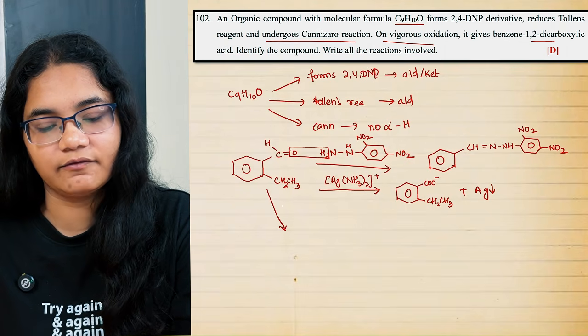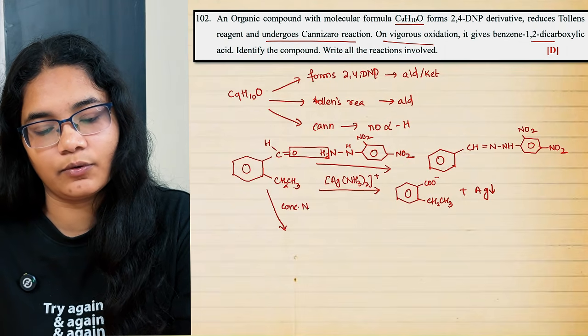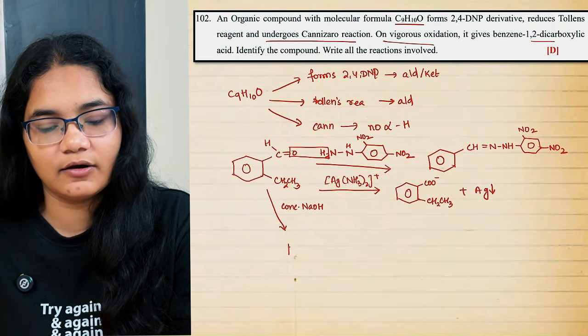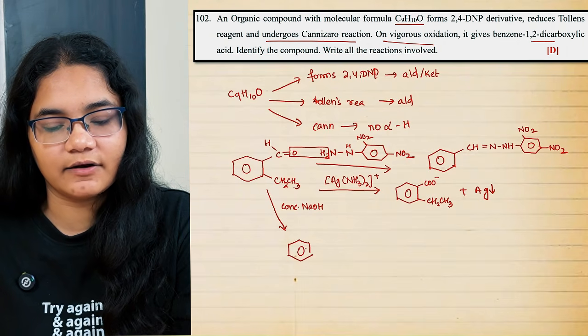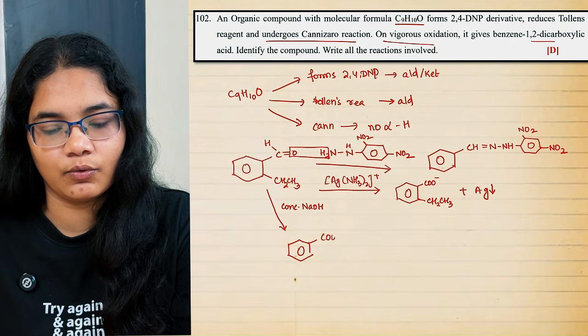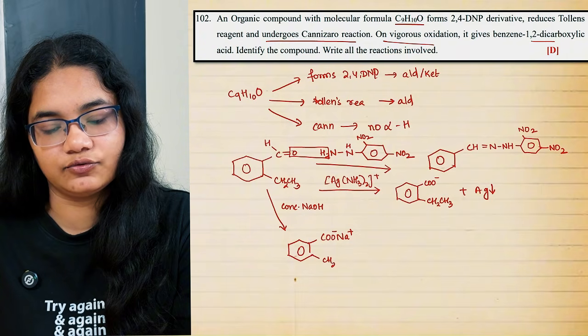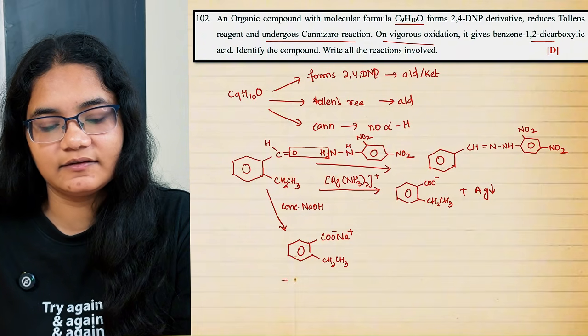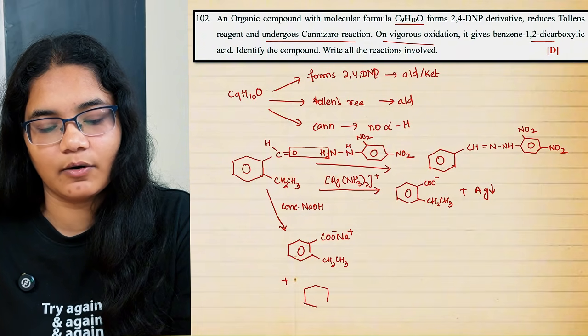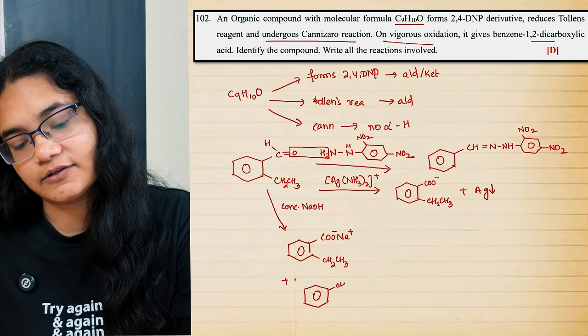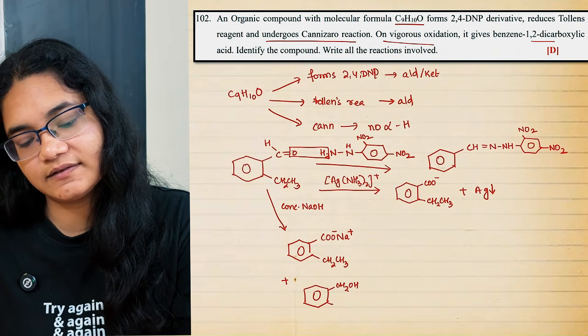So if I react it with concentrated NaOH or KOH, that will give me COO minus Na plus, with CH2CH3 as it is, plus there will be reduction of the compound here to give you CH2OH plus CH2CH3.